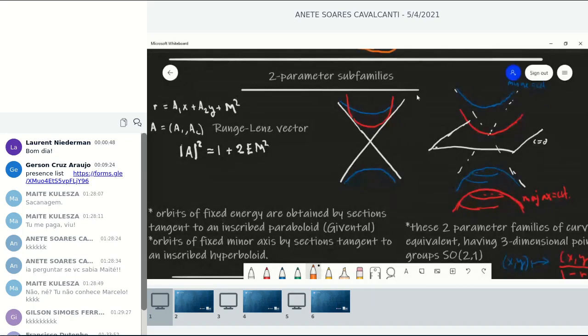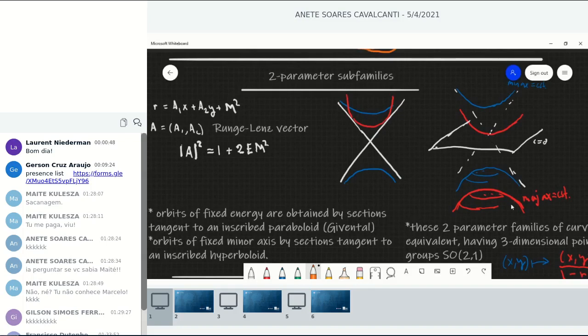This is a family of planes, so they envelop another quadratic surface in R3 with the usual XYZ space. So the minor axis orbits are dual to the usual hyperboloid of two sheets inscribed in this now XYZ cone. And when you apply this shift, it turns out it's a paraboloid inscribed in the cone.